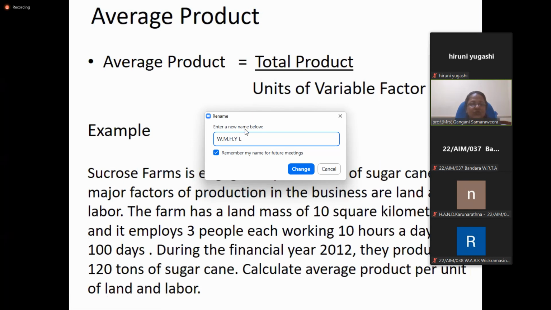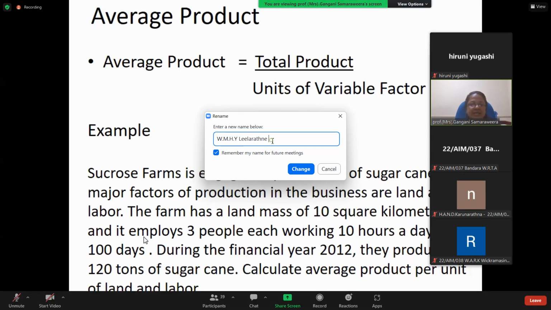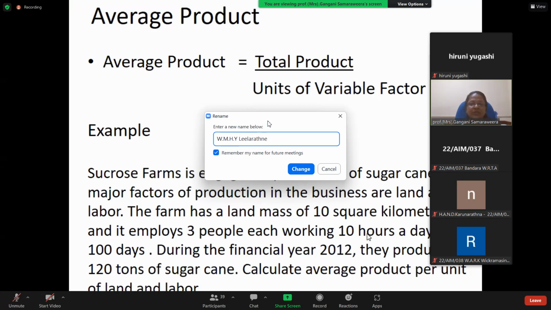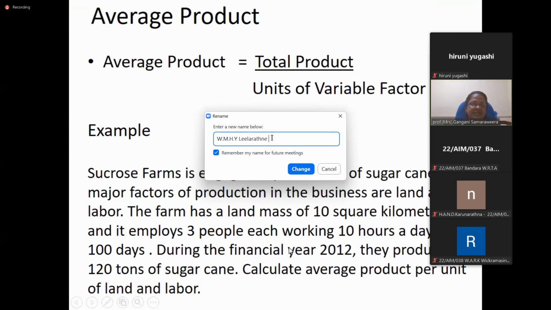Cross Farms is engaged in production of sugarcane. The major factors of production in the business are land and labor. The farm has a land mass of 10 square kilometers and it employs 3 people, each working 10 hours a day for 100 days.